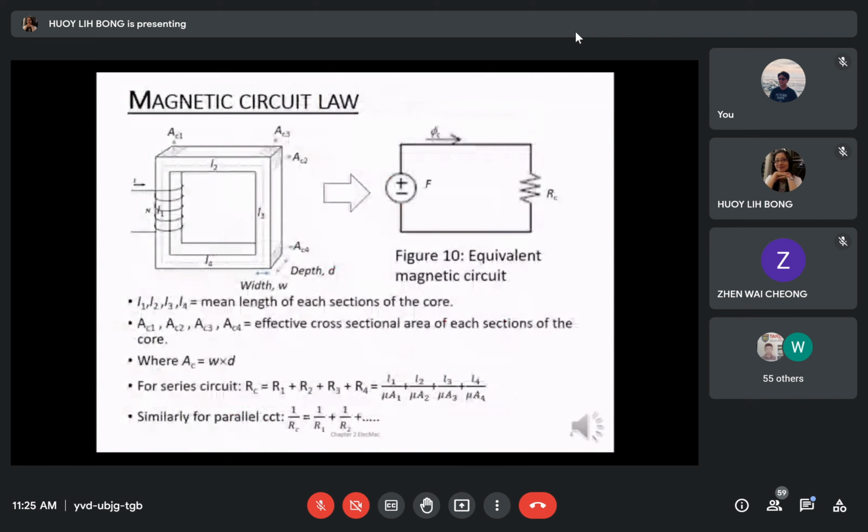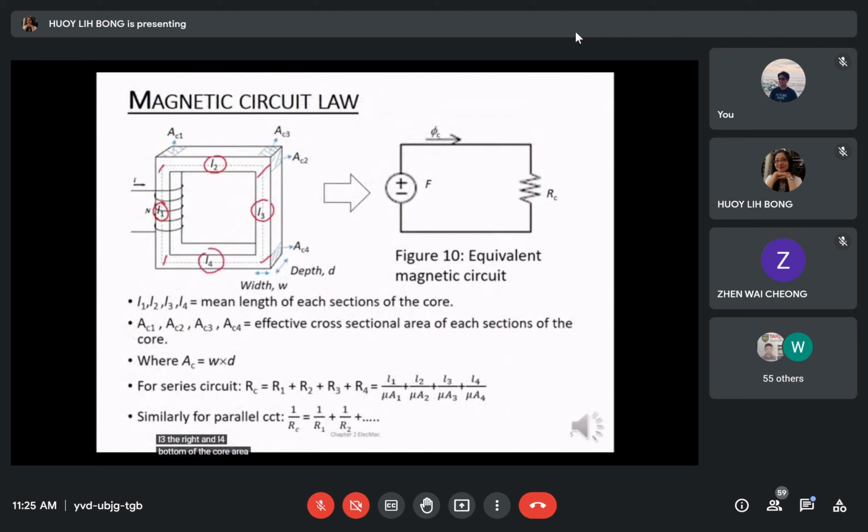To complete the equivalent magnetic circuit, we are going to label the length of each core as shown. L1 will represent the left of the core, L2 the top, L3 the right, and L4 the bottom of the core.